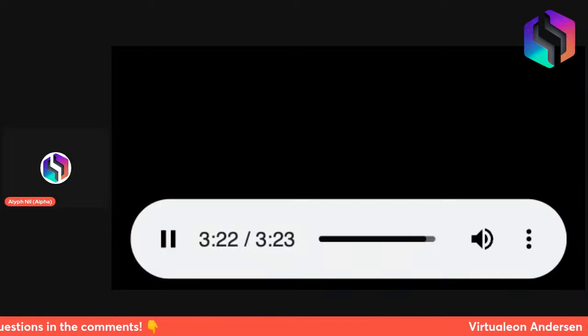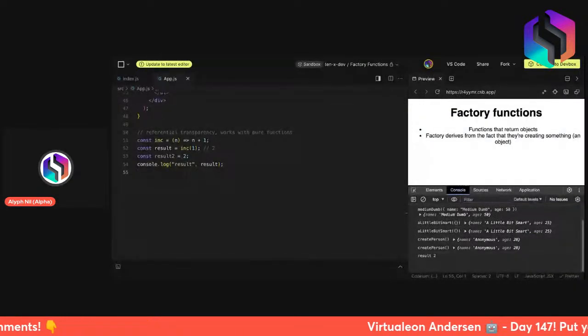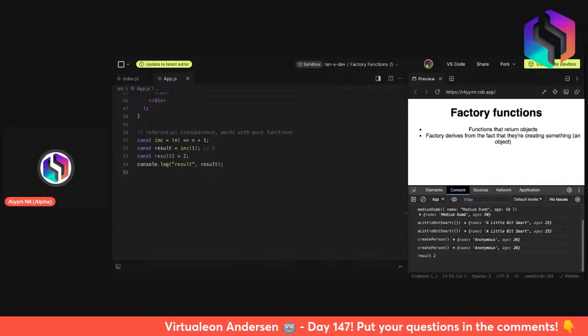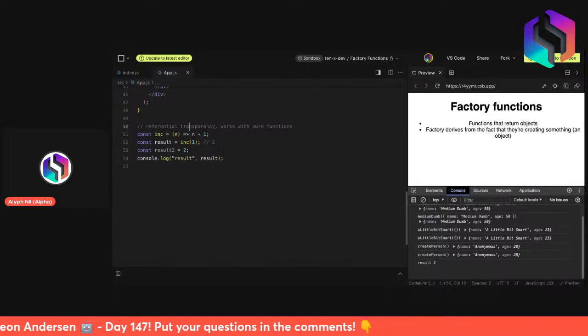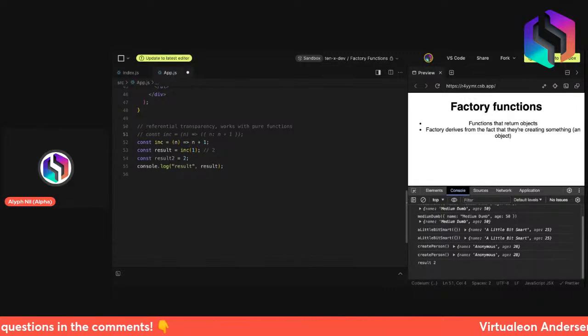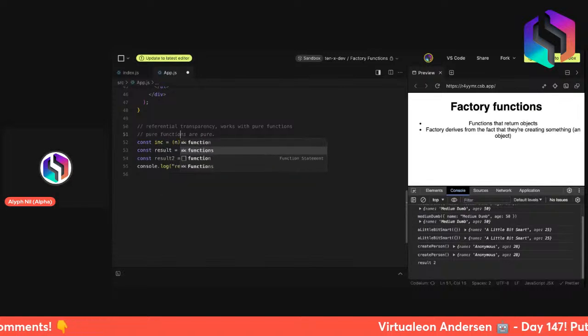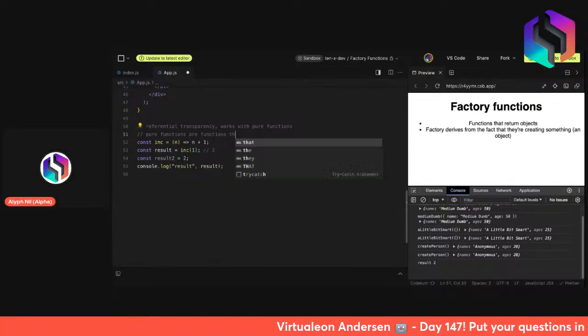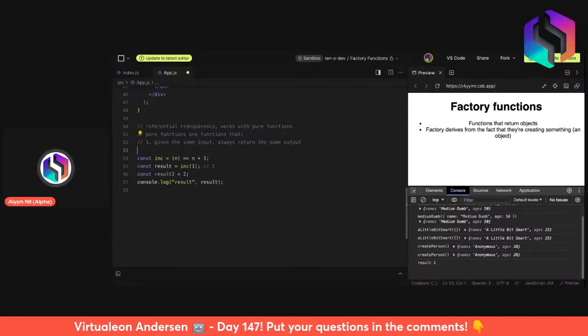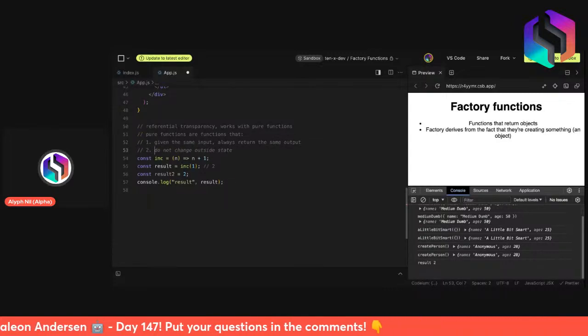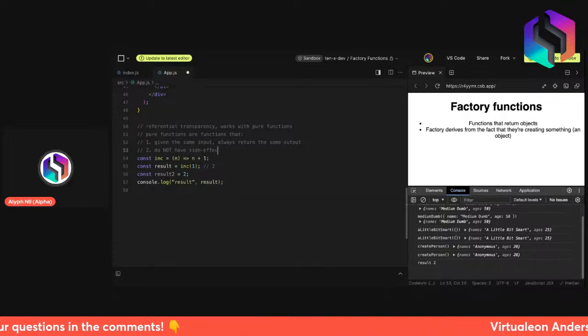Until tomorrow. So let's just quickly go into what Leon Andersen mentioned, the referential transparency, right? So referential transparency means that when you have a pure function, and for those that don't know what a pure function is, pure functions are functions that, first, given the same input, always return the same output, and second, do not have side effects.